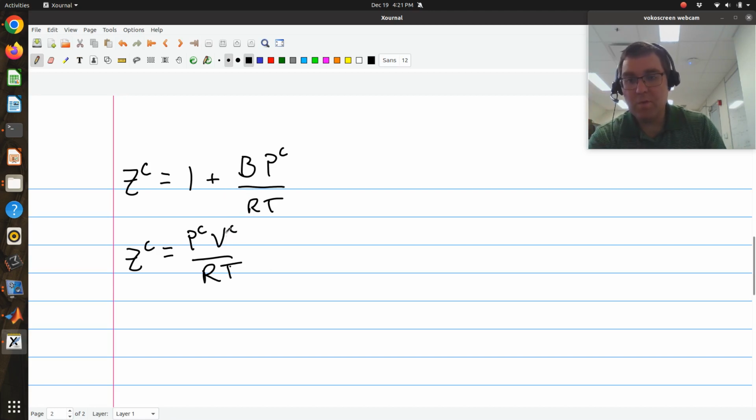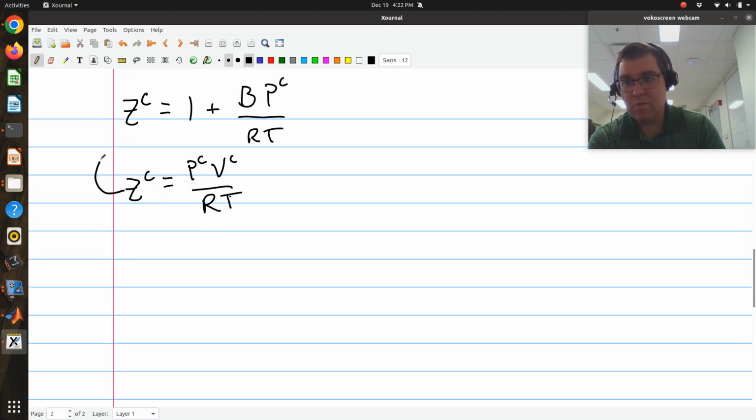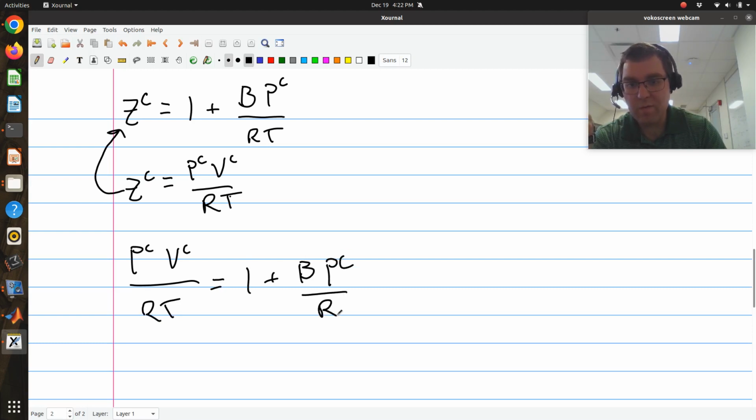All right, so now I could go in either direction. I could plug this in up here, or I could plug that in here. Either way, it's going to give me an equation with a single unknown P. So let's plug this in here. So now I have PC VC, just to tell me this is different for part C than it was for A. PC VC over RT is equal to 1 plus B PC over RT.